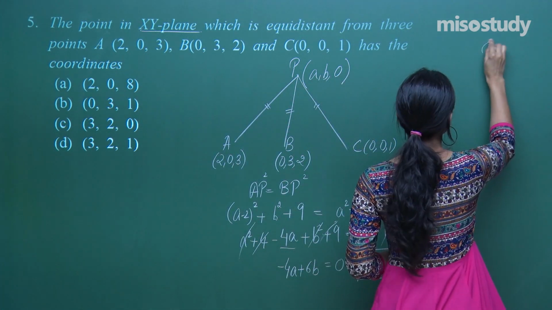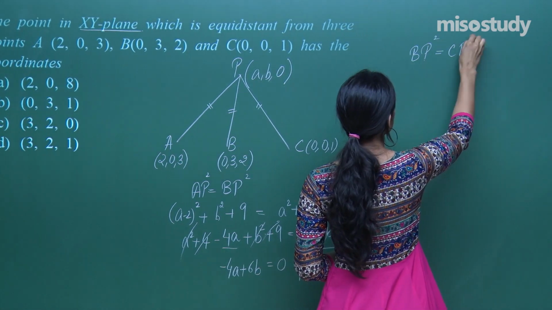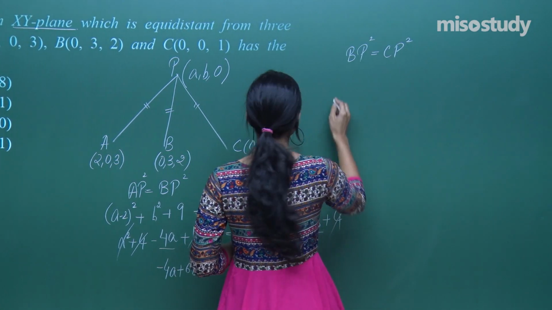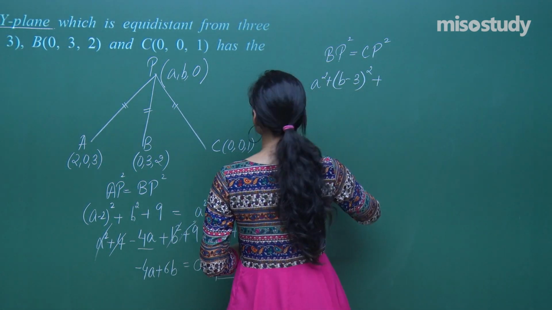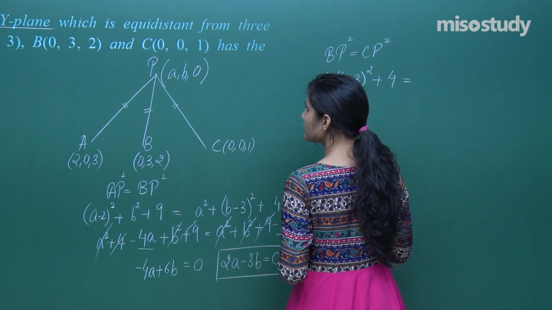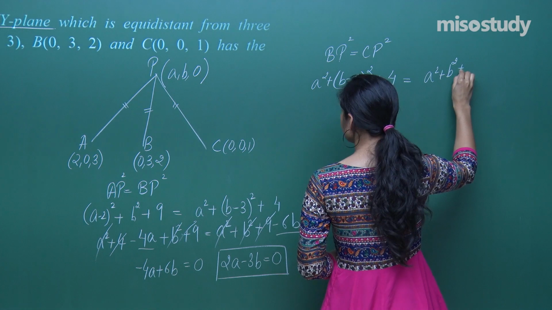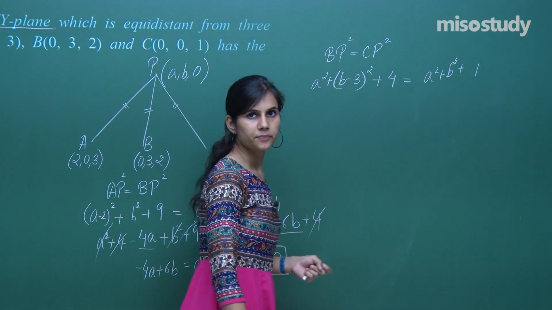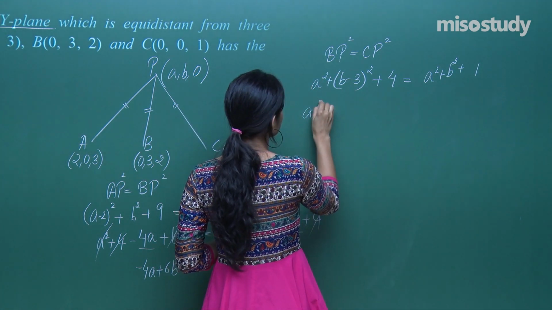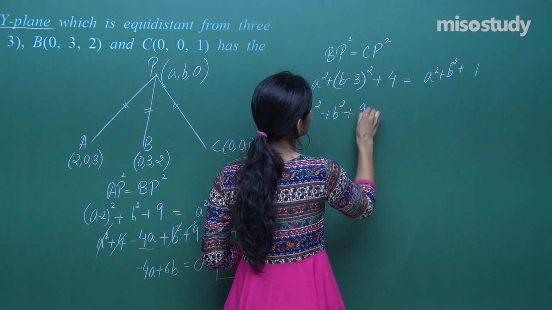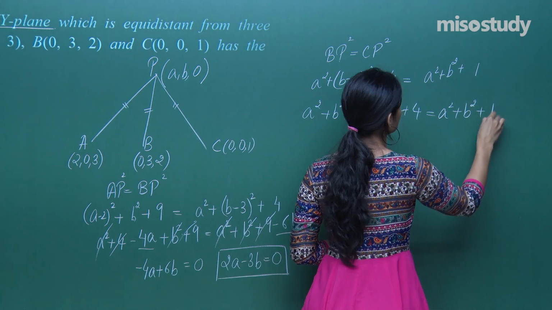Similarly, BP is equal to CP, squares are also same. BP will be a minus 0 whole square plus b minus 3 whole square plus 0 minus 2 whole square is equal to CP, that is a minus 0 whole square plus b minus 0 whole square plus 0 minus 1 whole square. So this is going to give you a square plus b square plus 9 minus 6b plus 4 equals a square plus b square plus 1.